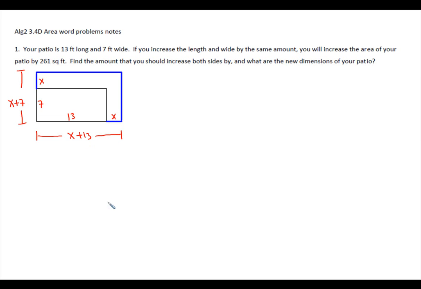Now to find the area of a rectangle, we just take one side times the other side. So x plus 13 times the other side, x plus 7, will equal the area of the rectangle.